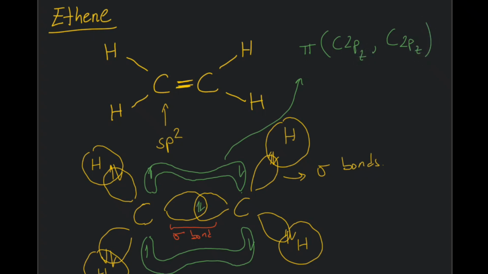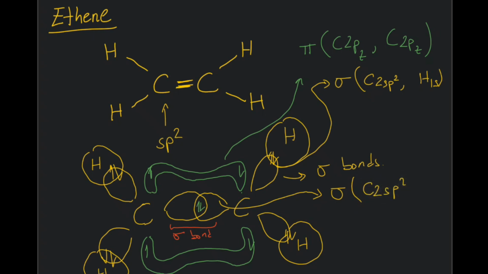And the sigma bond, this one, can be represented as carbon 2sp2, comma, hydrogen 1s. And this sigma bond is between carbon 2sp2, comma, carbon 2sp2. And this is the valence bond theory.